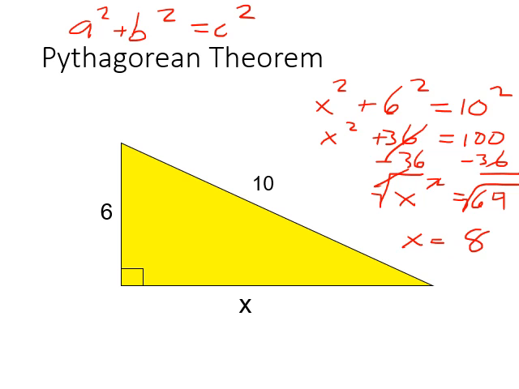Okay, 8 times 8 is 64, but negative 8 times negative 8 is also 64. So I need to include the positive and negative parts. Okay, when we solve by square root, we have to include the plus and the minus.